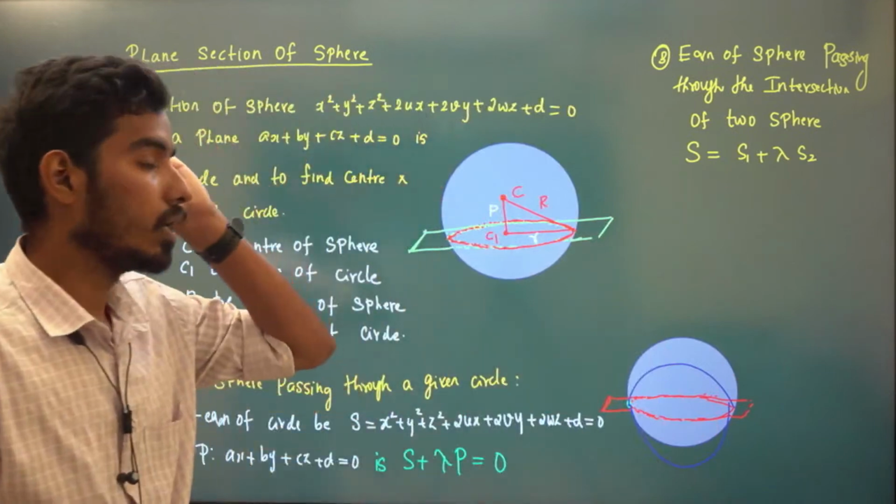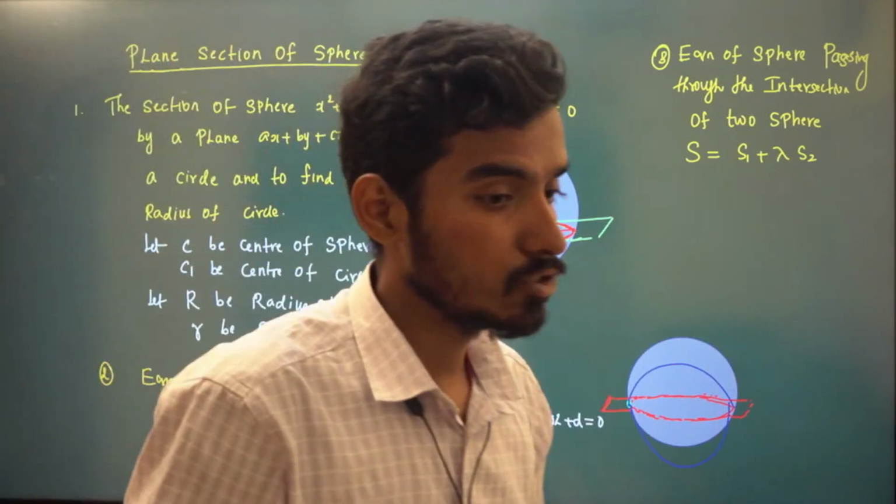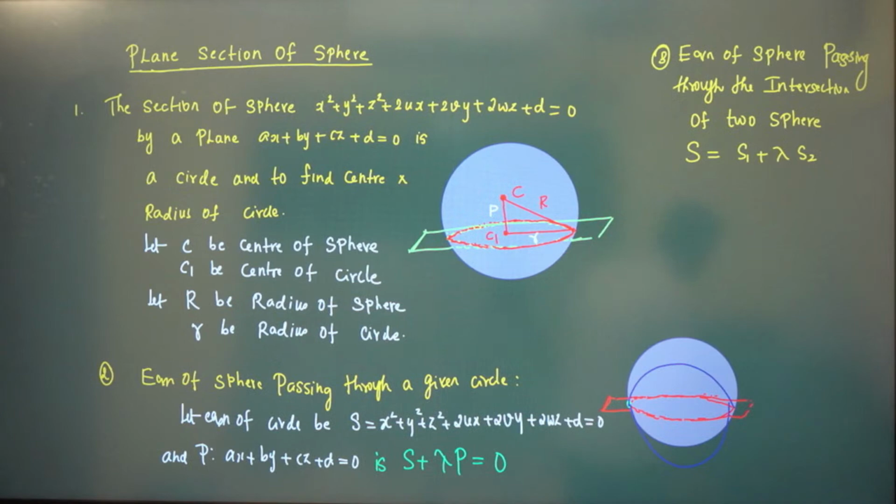So if you want to find an equation of a sphere that has to pass through the intersection of two spheres, that is given by s1 plus lambda s2 equal to 0. This is very easy, right? Two spheres will have some intersection. You need to find one more sphere that passes through the intersection of the two spheres. That is given by s1 plus lambda s2 equal to 0.